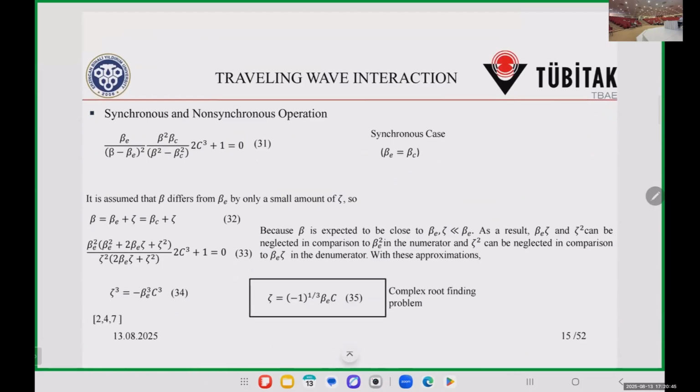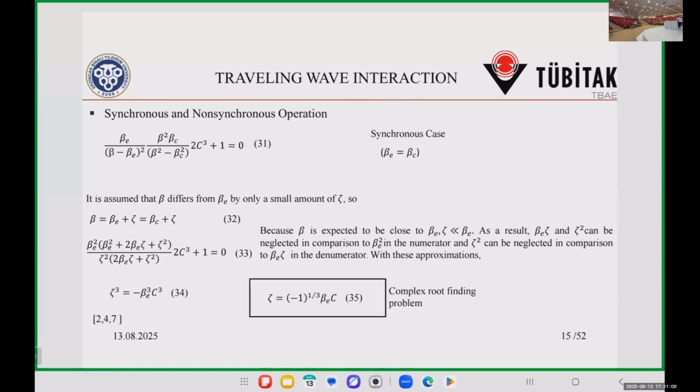So here let's talk about synchronized and non-synchronized operation. We want to solve equation 31, and we can have a synchronized case and a non-synchronized case.